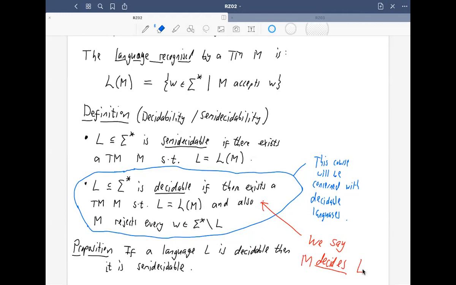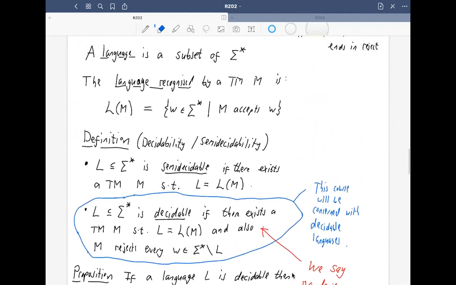If the machine will accept a word over the alphabet if and only if that word belongs to L, and will reject the word if and only if the word does not belong to L, then we say that machine decides the language L. So we can use the machine to test whether or not an input word belongs to the language L.